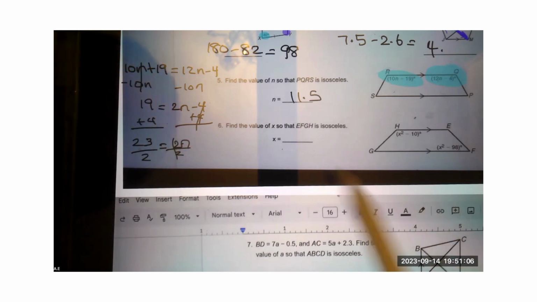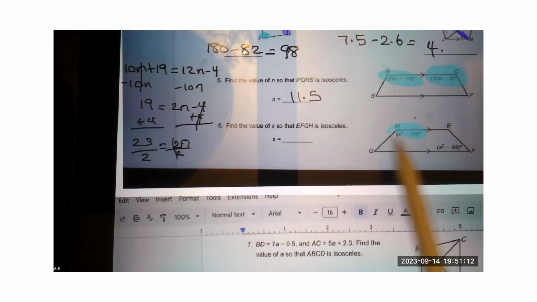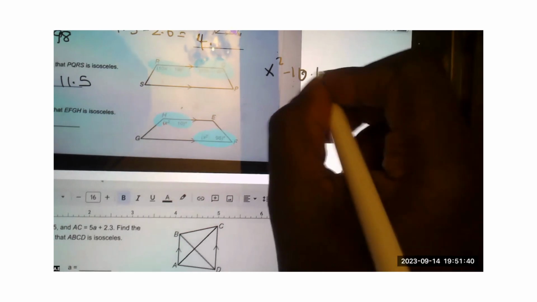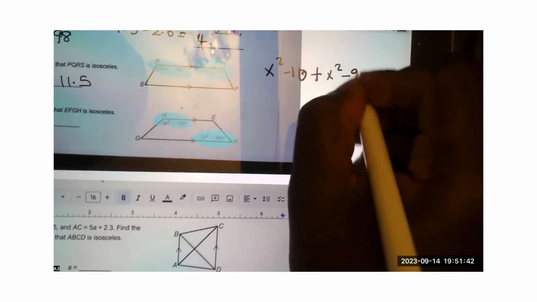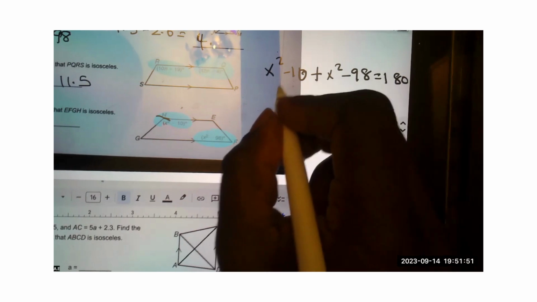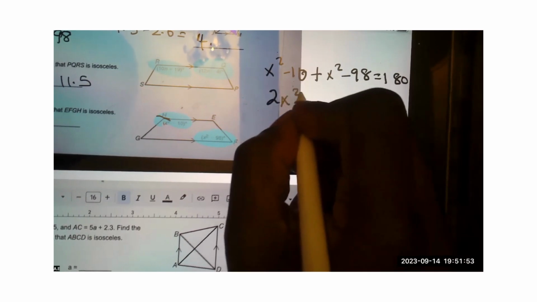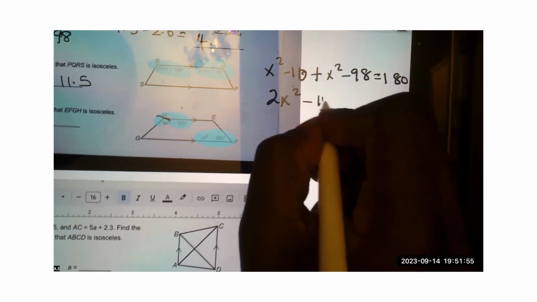The next question, find the value of x. So we will see that this and this will add to 180. So our problem will be x squared minus 98 is equal to 180. So for the trapezoids, opposite angles will add to 180. So we add them together, we have 2x squared minus 108 is equal to 180.